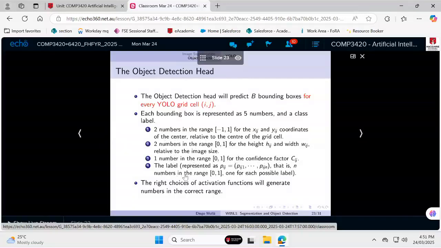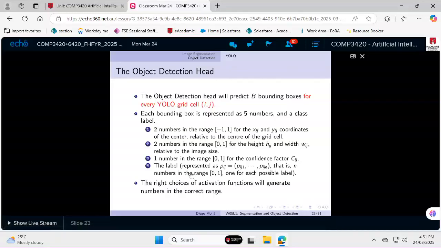And then for the labels, this is interesting. Depending on how you want to represent the labels, you want to find only one label or multiple labels. Typically it's only one label, but you might want to say, oh, here the same box is for butterfly and something else, I don't know.